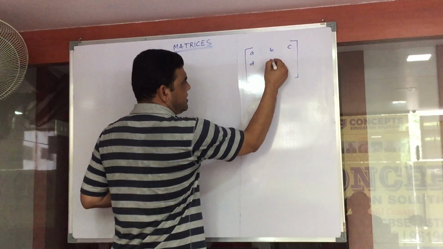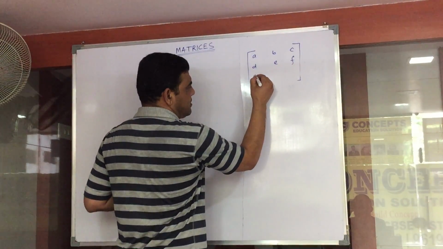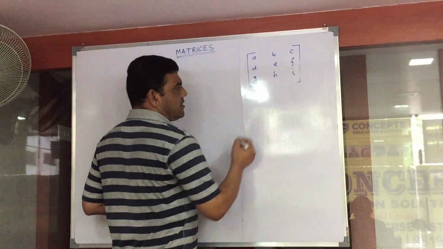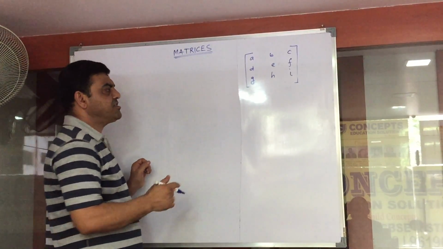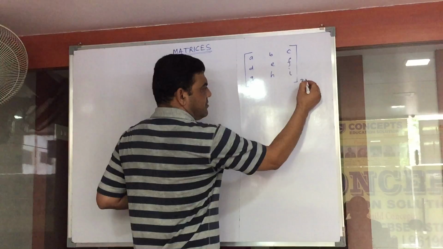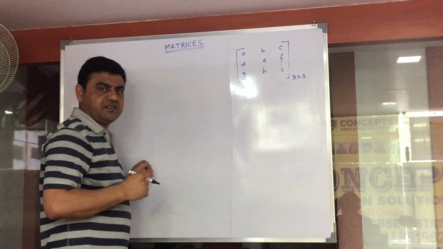So this is a matrix where 9 elements are arranged in a 3 by 3 matrix.